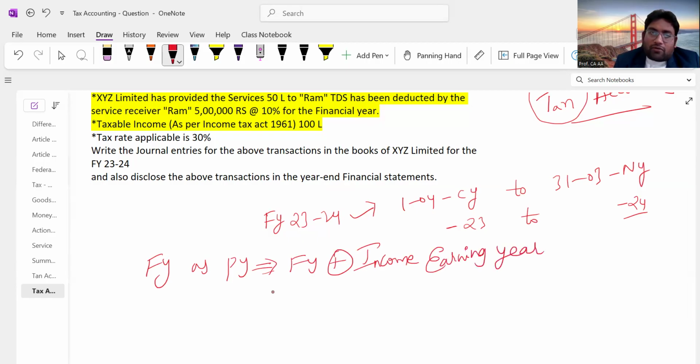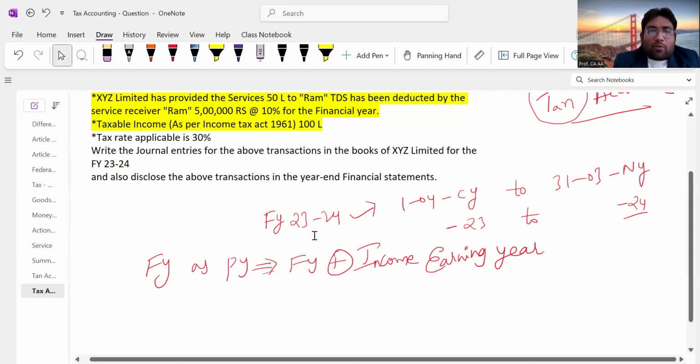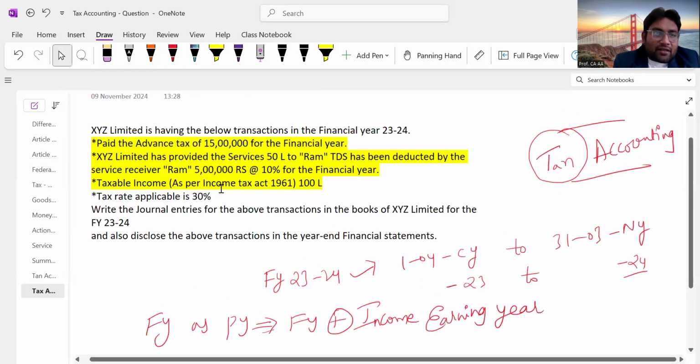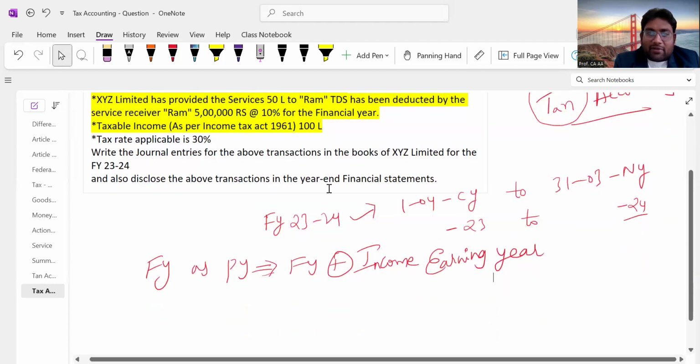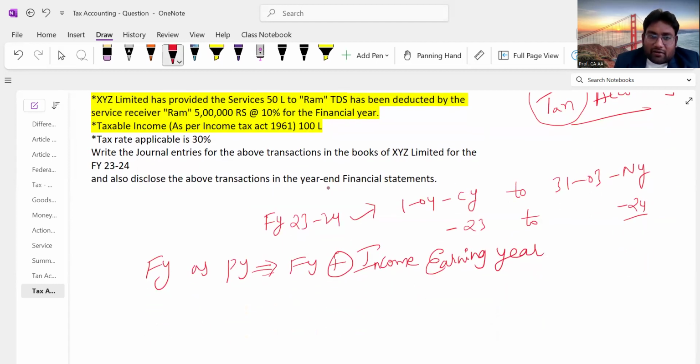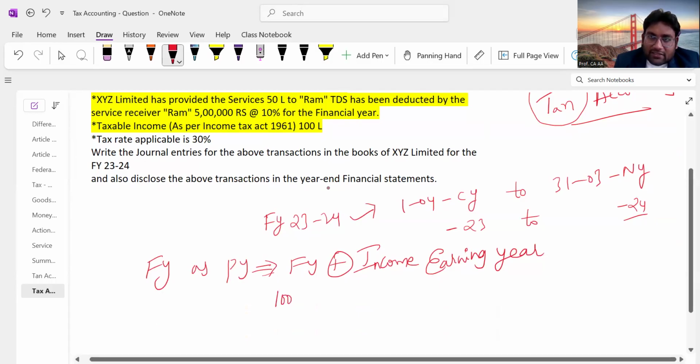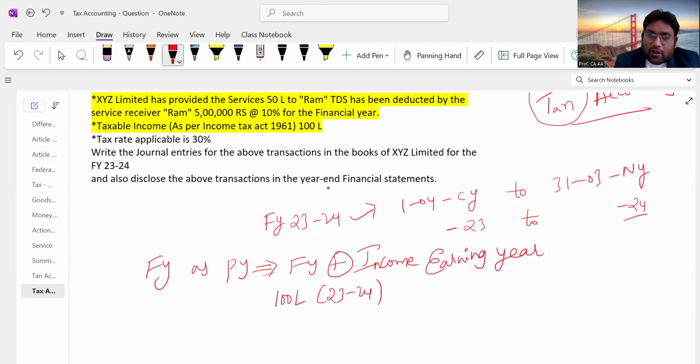Now there is one more term. Suppose the taxable income as per the Income Tax Act 1961 is 100 lakh. That means the taxable profit earned by the company in the financial year 23-24 is 100 lakhs.